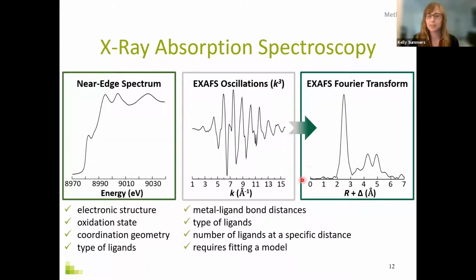And you can think of it as the copper, in this case, being at 0, and the first shell ligands, in this case, being about 2.5. And then we have some outer shell ligands around 4 and 5 angstroms here.